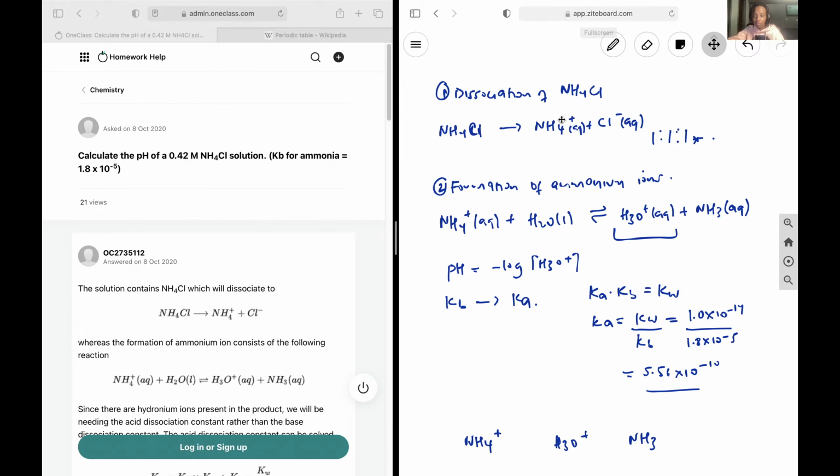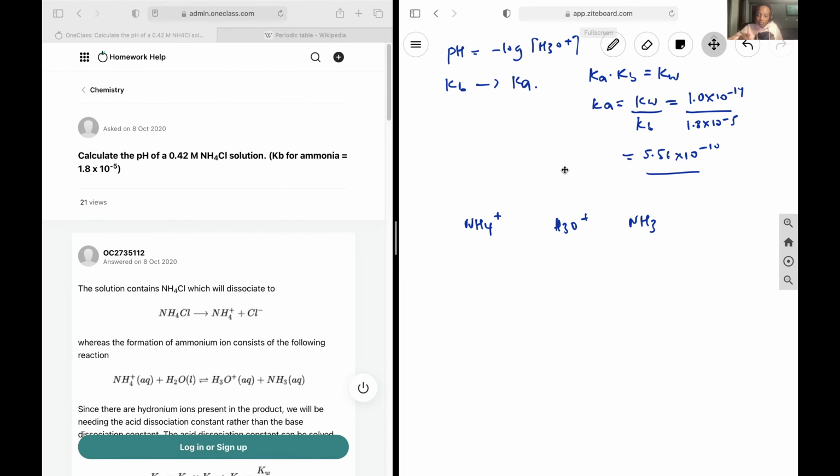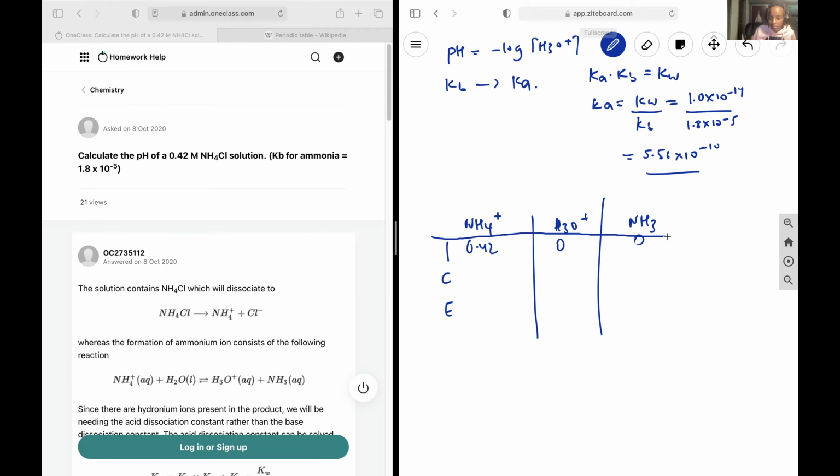So 0.42 to 0.42. Then we have 0 of this and 0 of this. Okay, and this means that we're going to be subtracting x here. And this will gain some amount, and this will gain some amount. We don't know what that amount is. So at equilibrium, we will have these concentrations.